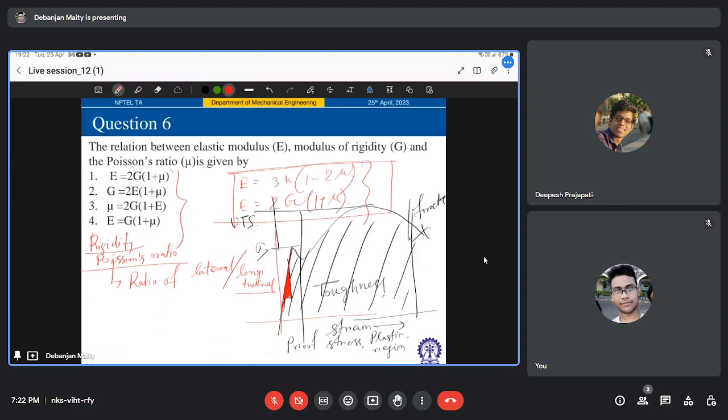So what does the negative sign of Poisson's ratio tell you? It tells you that lateral strain is negative relative to the longitudinal strain.